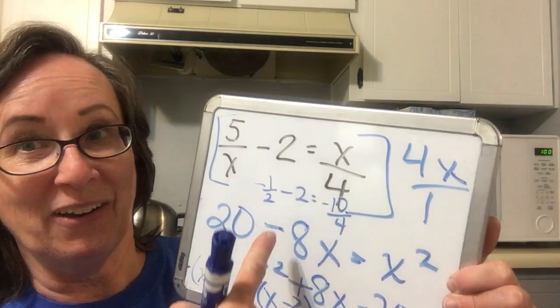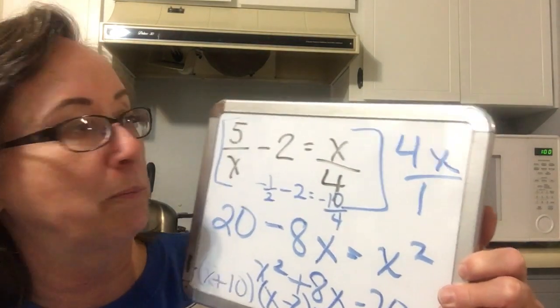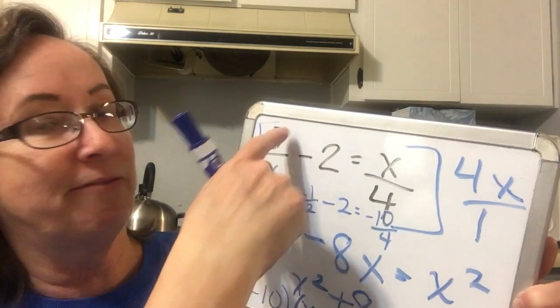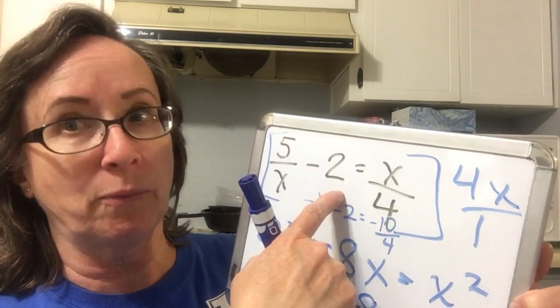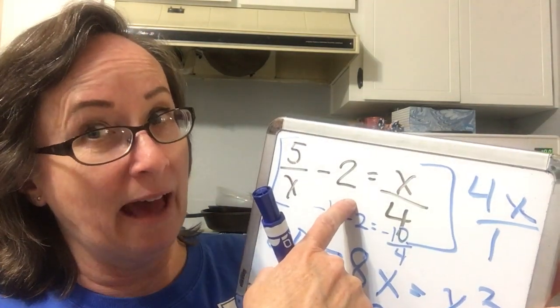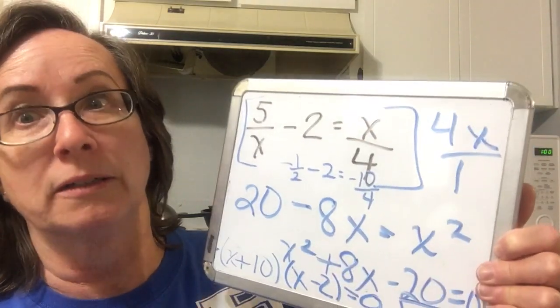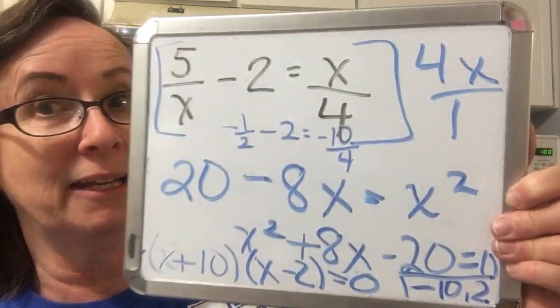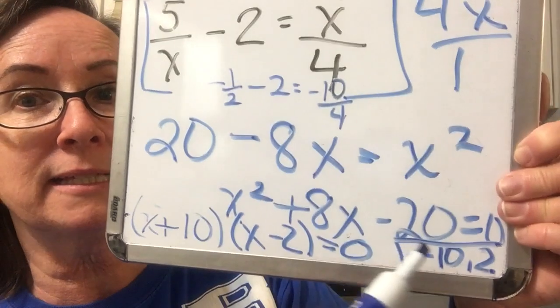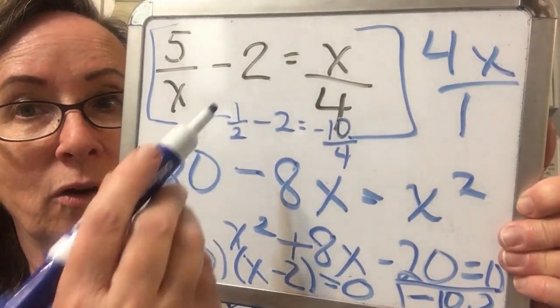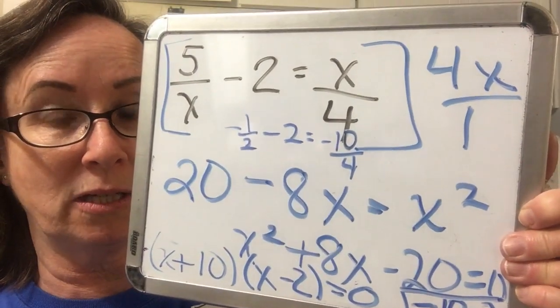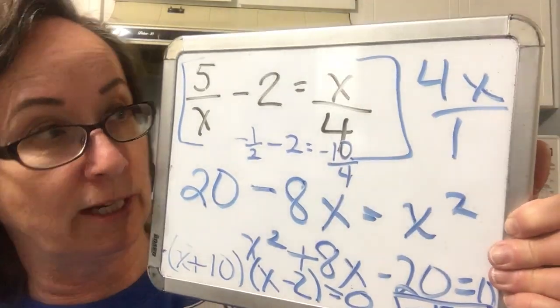And that's what I get on this side. Likewise, if I plug in the 2, I get 5/2, which is 2.5, take away 2. Should be a half. And then the 2 over here is 2 over 4, which is a half, and it works. Both of these solutions, negative 10 and 2, work when you plug them back into the rational equation.